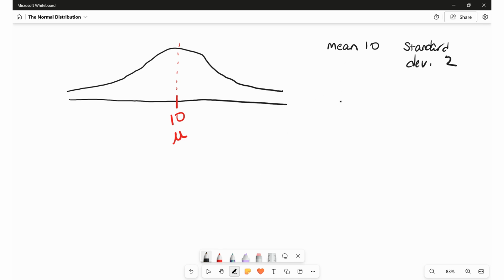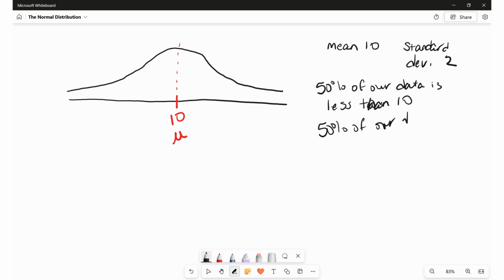And so a couple of things that we can tell right off the bat. 50% of our data is less than 10, and 50% of our data is greater than 10.